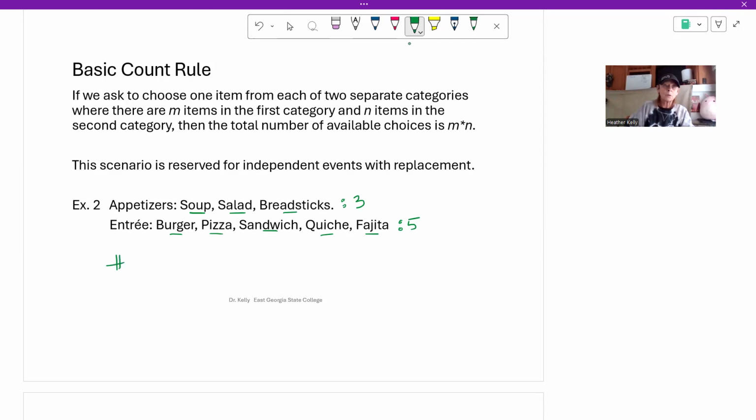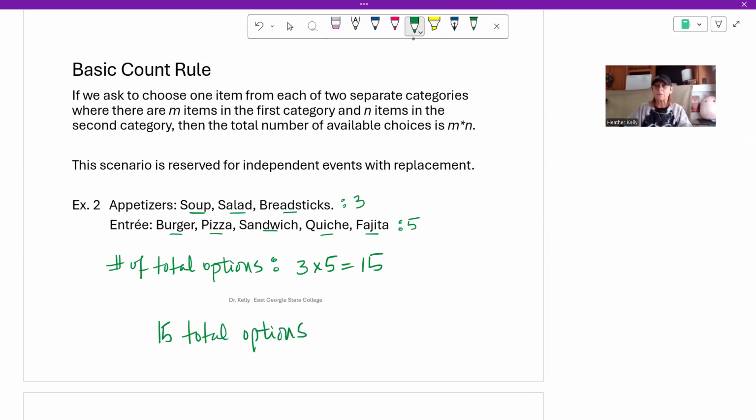So the number of total options is equal to 3 times 5, which is 15. So there's 15 total options, which is the exact same thing that we found there.